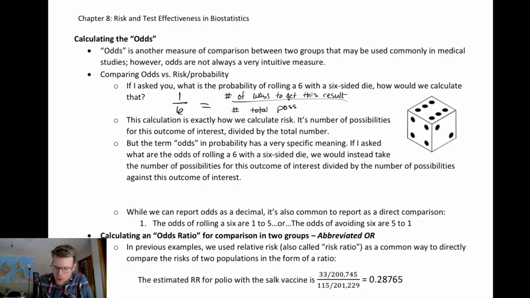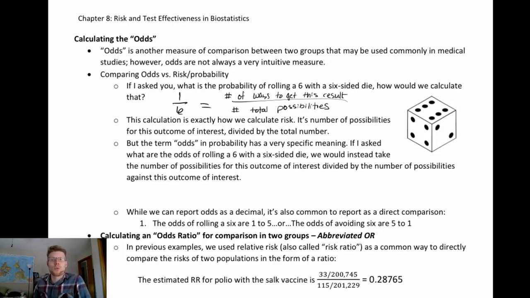Since they're all equally likely, I don't have to weight anything or think about it more complicatedly than that. If I have equally likely outcomes, it's just the number of ways I could get this divided by the total number of ways possible. So that would be a probability.